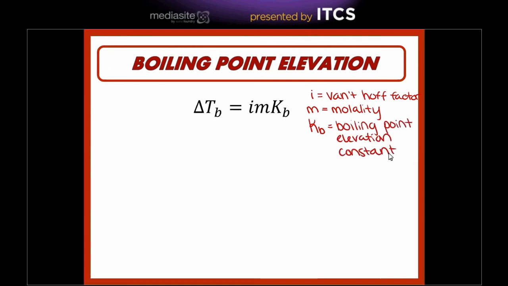So you can see that this equation is very similar to the freezing point depression, the only difference being that we're going to have a different value for this constant.